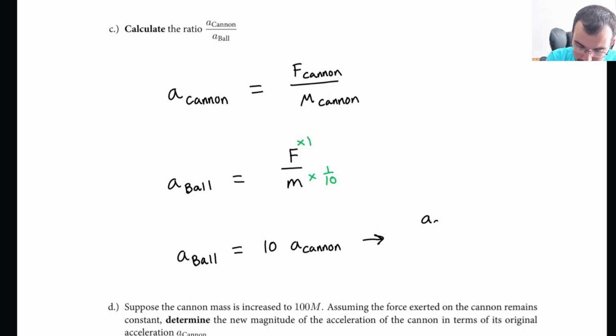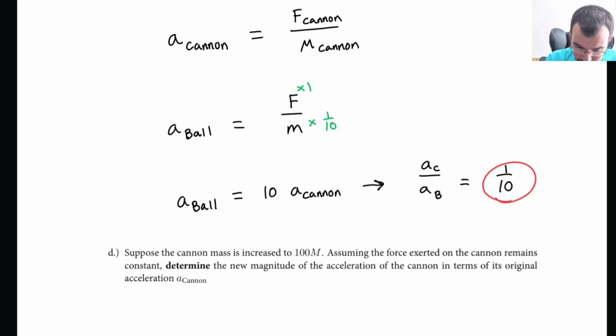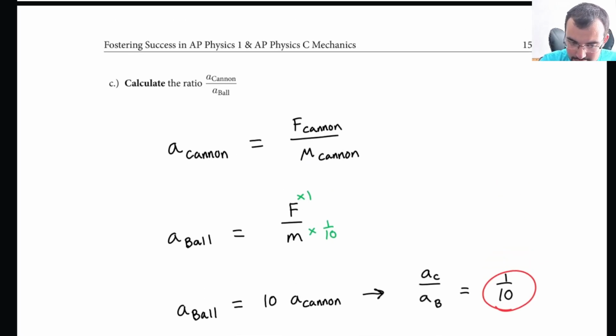So that means that the ratio that we want, the cannon acceleration divided by the ball acceleration, is going to be just 1/10. Maybe I should show that rearranged, because if we divide both sides by the cannon acceleration here, I'll move this up just to show that.